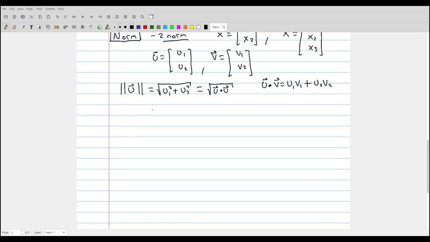But the main thing to take away is that the distance between 2 points in any dimensional space is always going to be the norm, or the length of the vector where the points are subtracted from one another. So in 2D, this is going to be the square root of u1 minus v1 squared plus u2 minus v2 squared.